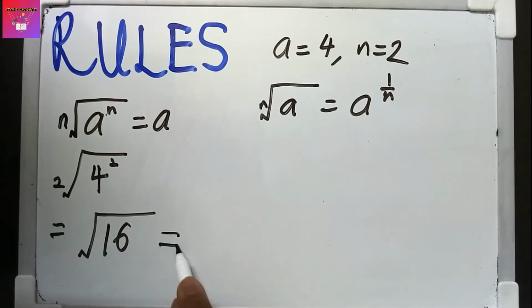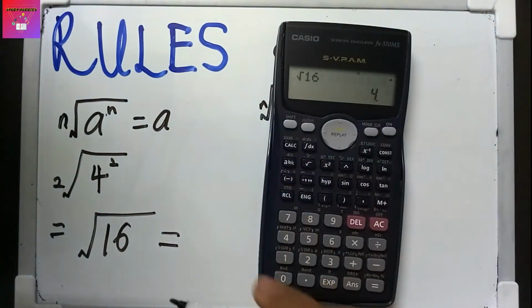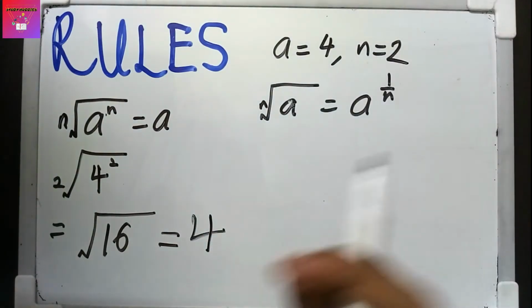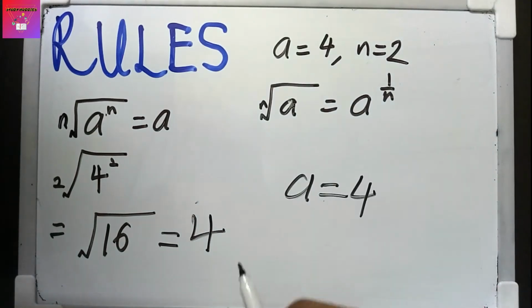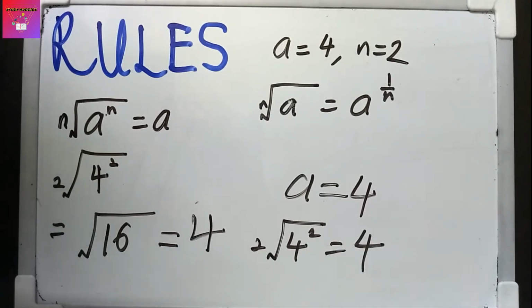So square root 16, if you do it in the calculator, you are going to get 4 again, which brings us back to the same value where a equals 4. Hence proven that it is going to bring 4.